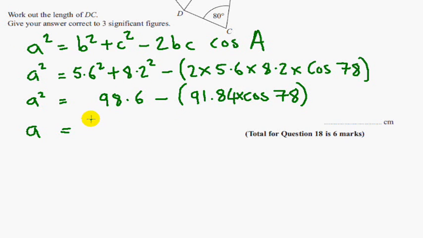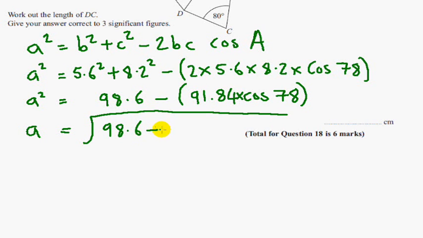So the square root of 98.6 minus 91.84 times cos 78.